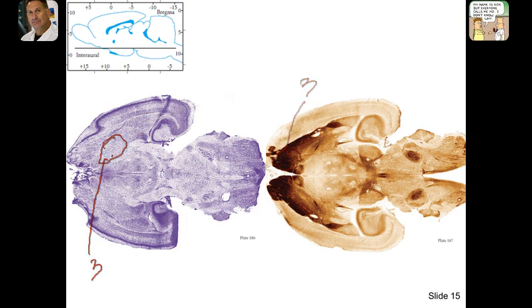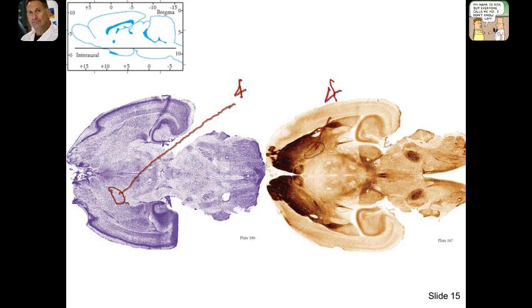We have a little bit of the globus pallidus. We have the fornix, white matter, little dots that I circled. We have third ventricle.